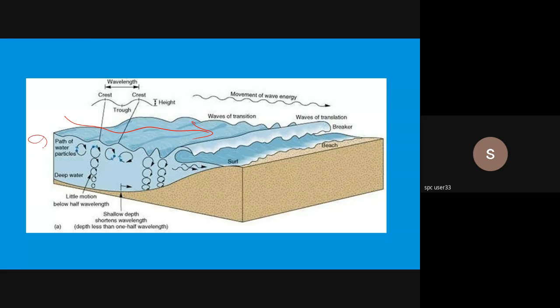The surface particles of water keep moving in a circular motion in deep water, but as they approach shallow waters, these circular paths get compressed because of the pressure applied by the water getting shallow as you move towards the land.